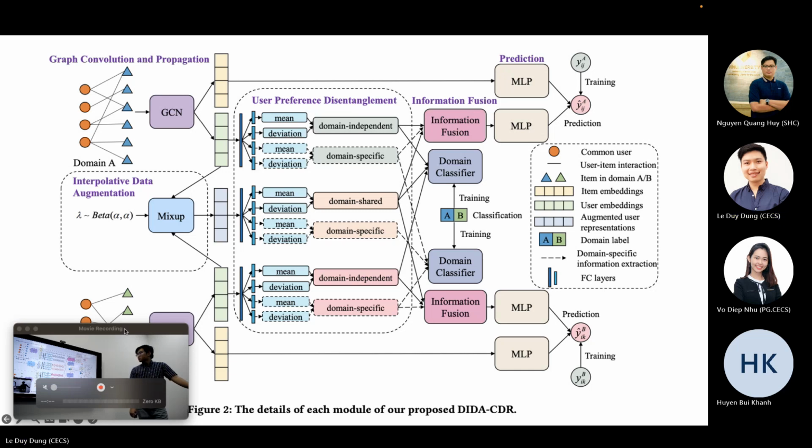Domain specific. They want to have mixed up information. They want to enhance the information. If we put it directly into the linear or fully connected layer to the domain classifier, they cannot have mutual information from the other domain.